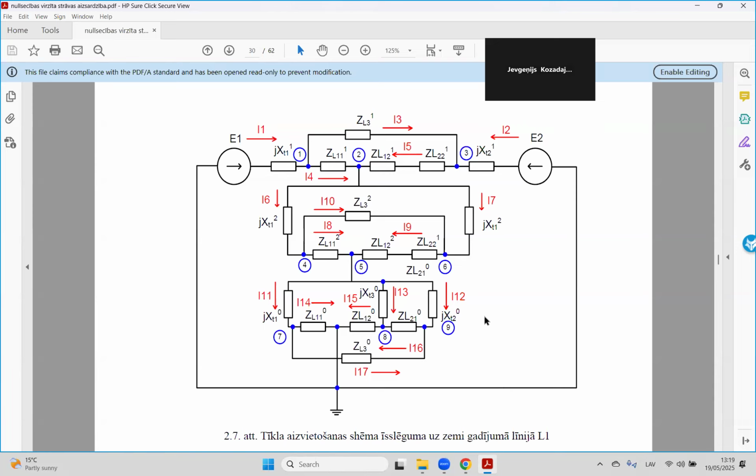Here, line impedances are the same, transformer impedances are the same, but in the zero sequence, the line impedance is, on average, about 3 times greater than the positive sequence impedance. Of course, it depends on the physics of the line construction, the phase construction, the distance between the phases, and between the phase and ground, the real distance.